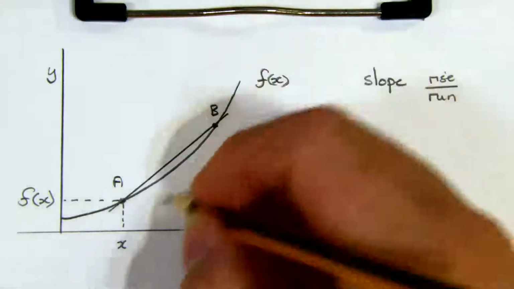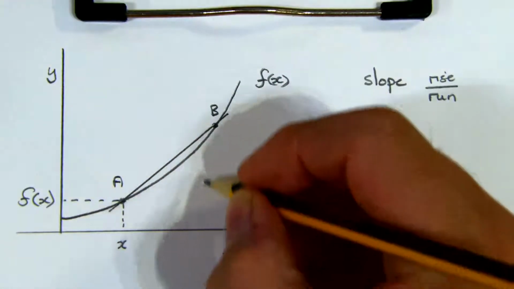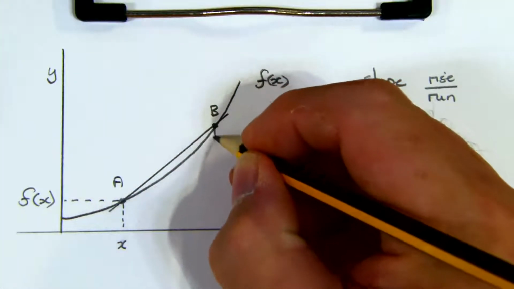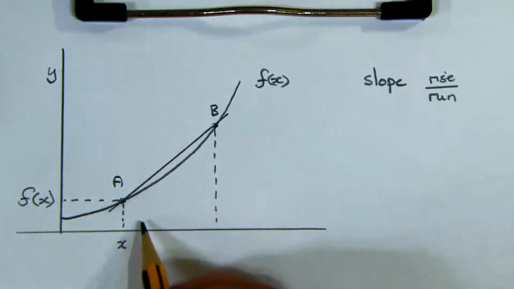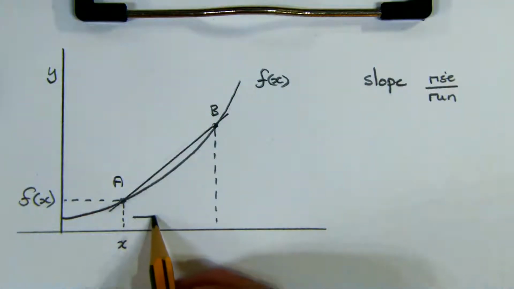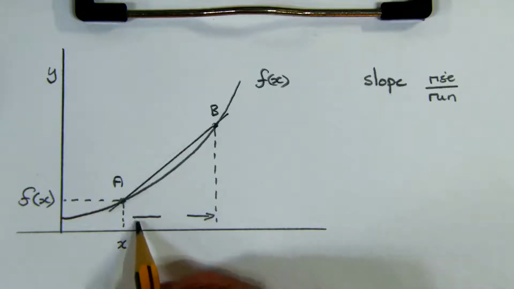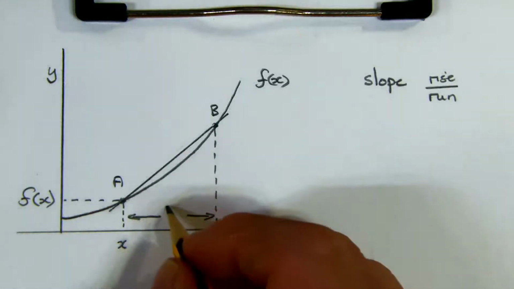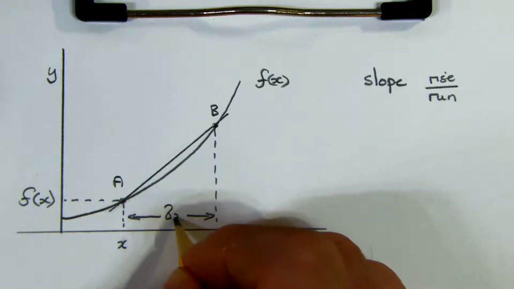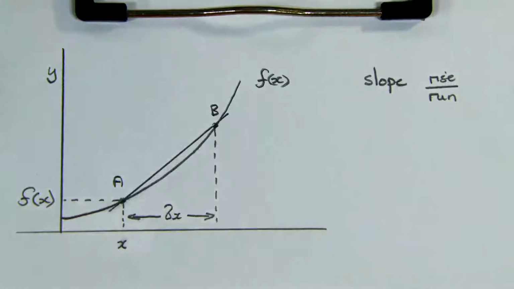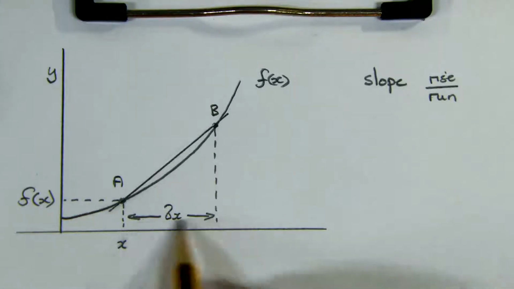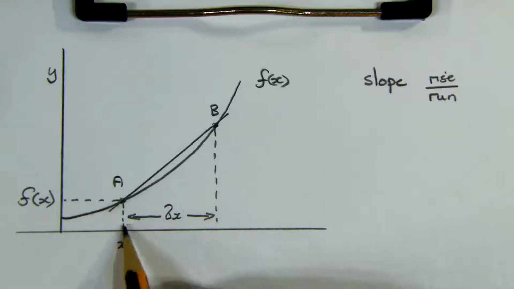Now let's take a very small distance along here, and this very small distance we're going to define as delta x. I drew my delta around the wrong way. So we've got a delta x, a small distance here. Okay.